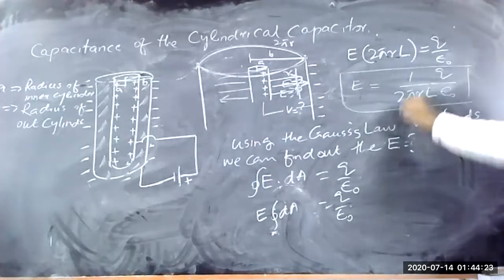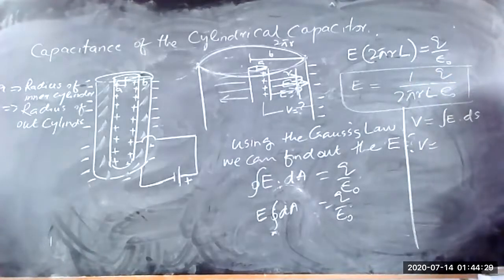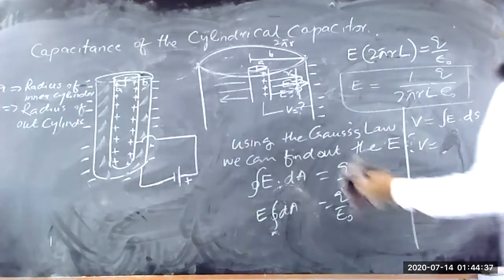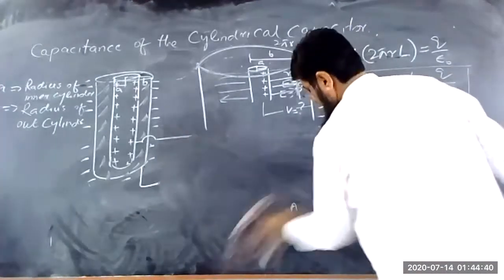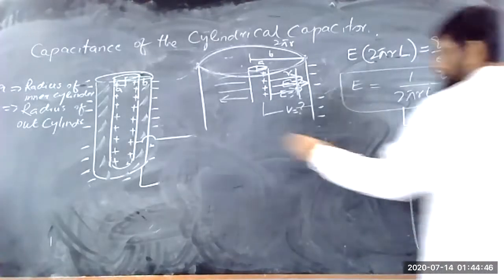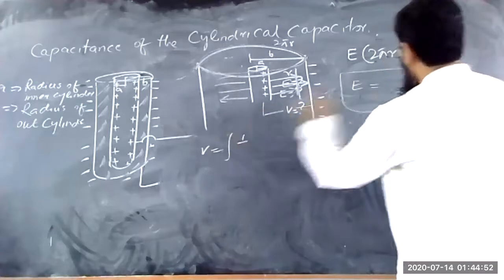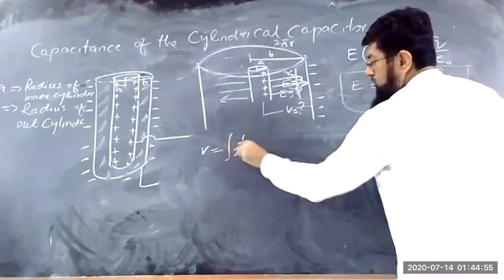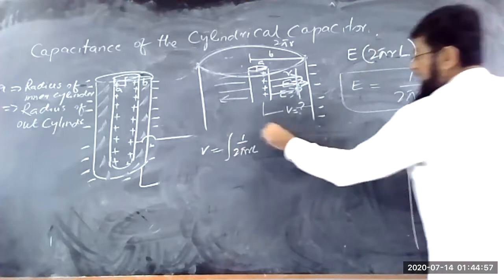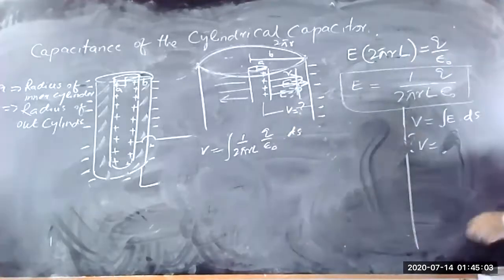This is the potential, ये हम करके आए हैं। तो V is equal to the integral of E ds. मैं उस तरफ लिख देता हूँ तो आपको इजी रहेगा। So here V is equal to E, where E is equal to 1 upon 2 pi rL, Q upon epsilon naught, into ds.